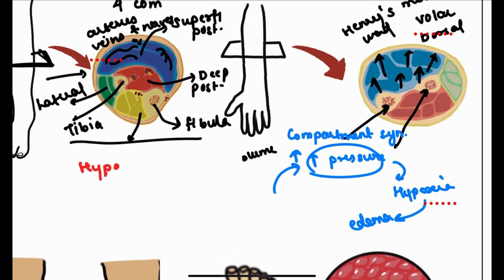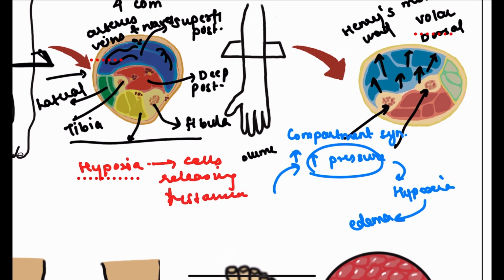That hypoxia will lead to the cells releasing histamine and nitric oxide, due to which the capillaries will start leaking, causing extracellular edema. That extracellular edema will increase the pressure more. So over here in this cycle, compartment syndrome leads to hypoxia, and hypoxia leads to edema.